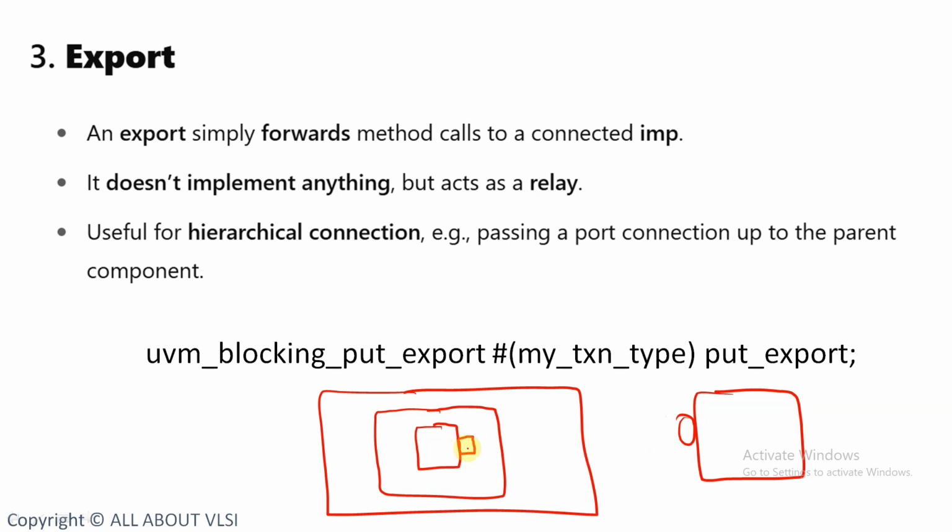If I want to connect this port with this implementation port, then what I'm going to use is exports. So this will act as a relay, a bypass. This will connect our port to our implementation port. So this is how, in the case of hierarchical connections, we are going to use the export.